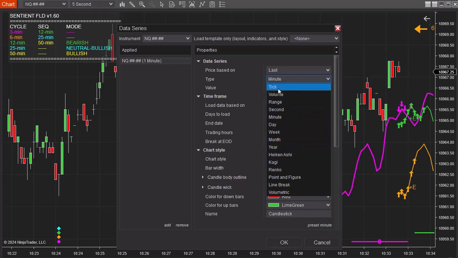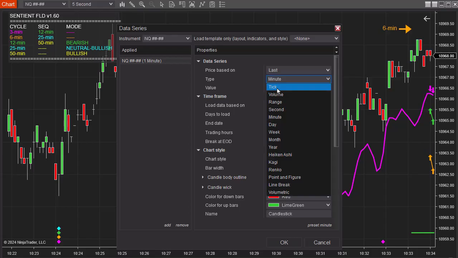But we also have here a tick chart and a range chart, and further down we have other examples of non-time-based charts, a Renko chart, a point and figure chart. If you're not familiar with these chart styles, I would encourage you to investigate them. A tick-based chart, for instance, is not plotting bars on the basis of time elapsed, but the number of ticks that have occurred. And so once a particular number of ticks have elapsed, you will have a completed bar.